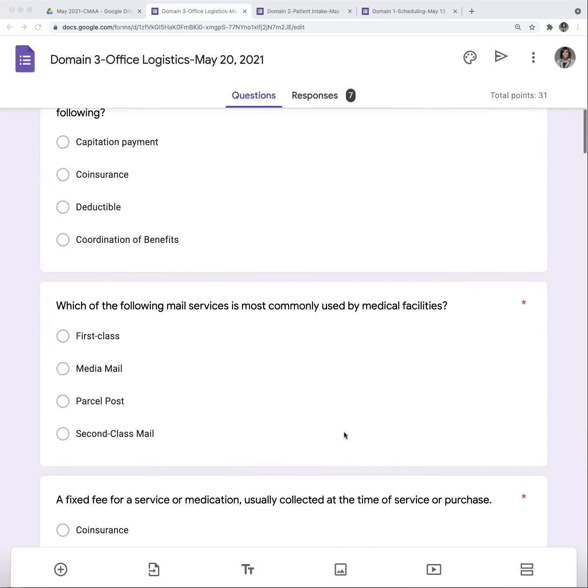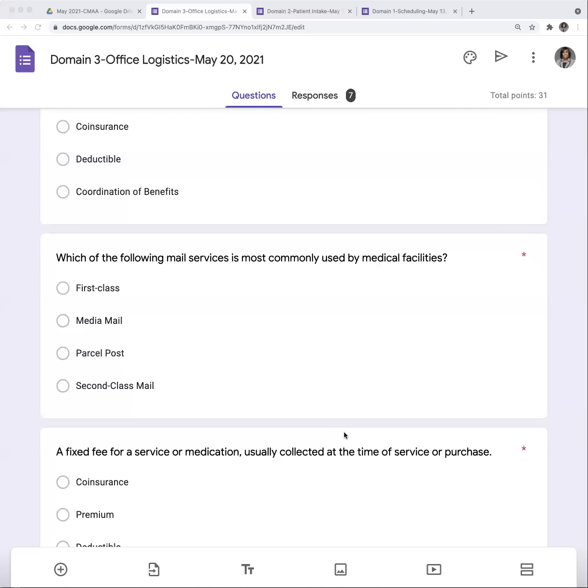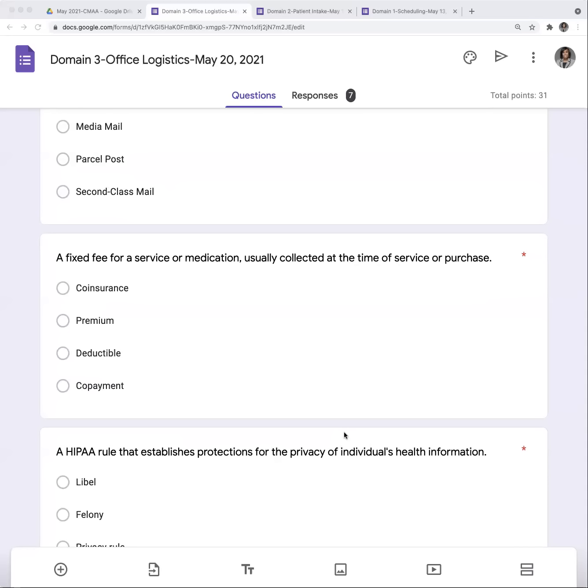Which of the following mail services is most commonly used by medical facilities? First class. A fixed fee for a service or medication. Co-payment, because you can have a co-payment for medication as well.